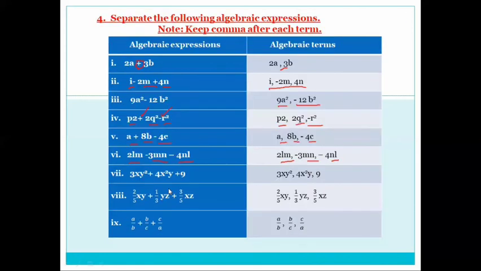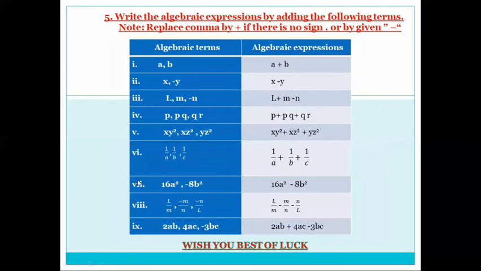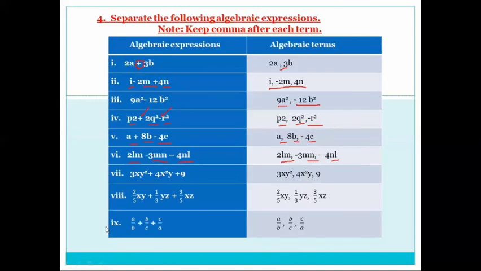Dear students, here seventh number 3, we have 3x square y, xy square plus 4x square y plus 9. I write only comma, but it is not necessary that we write the plus here.